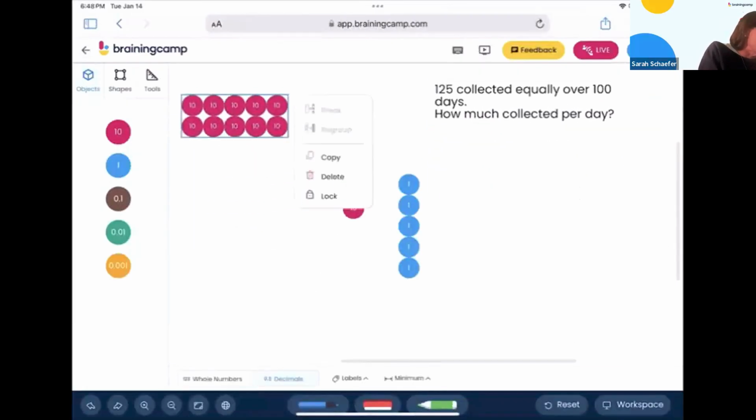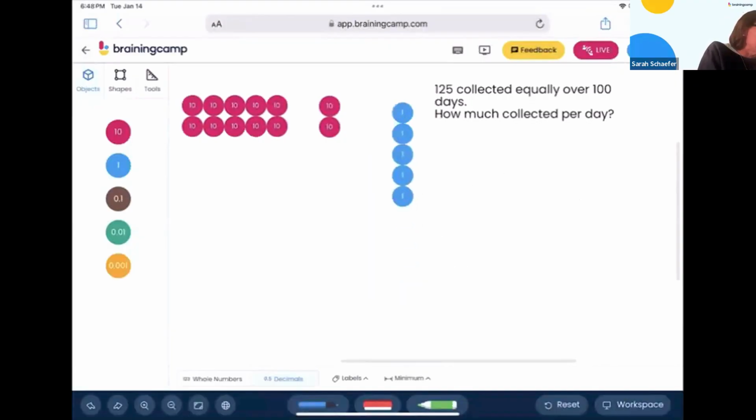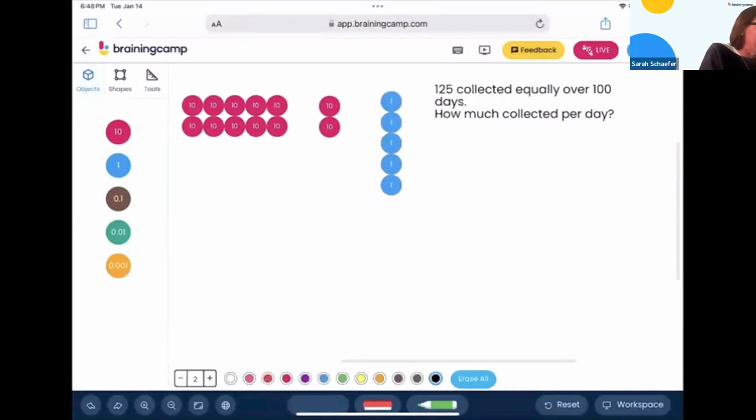And so our question is, is it going to be friendly to divide this? How might we want to start? In the chat. We know that visual models are super important. So as a teacher, what's our first move if this is where we need to get them to?